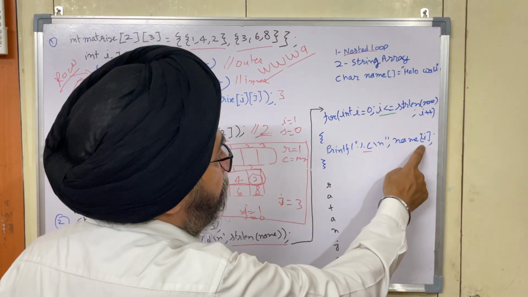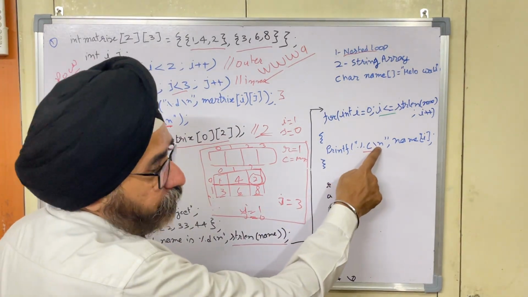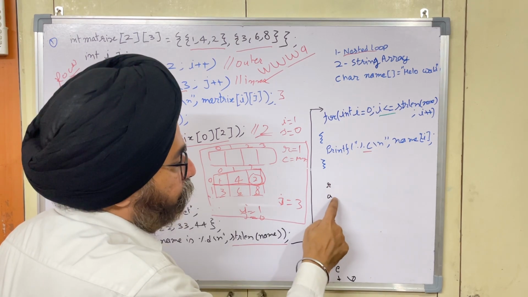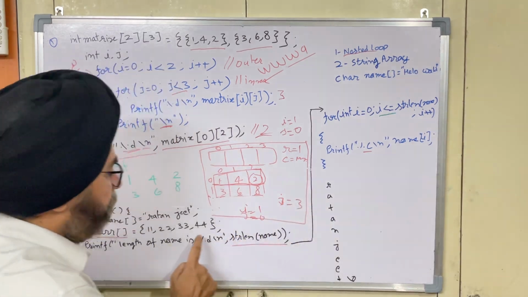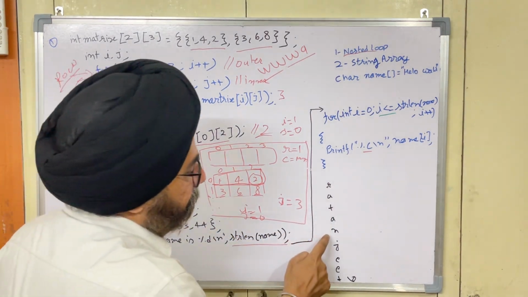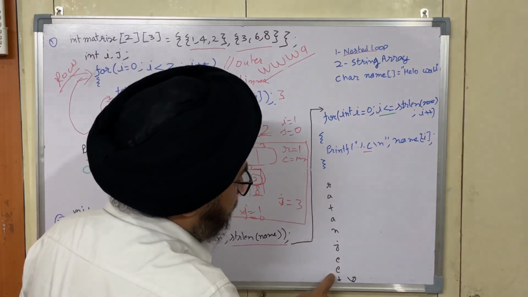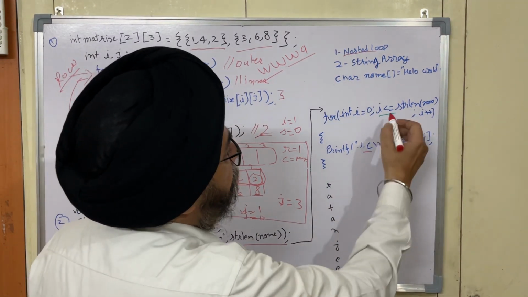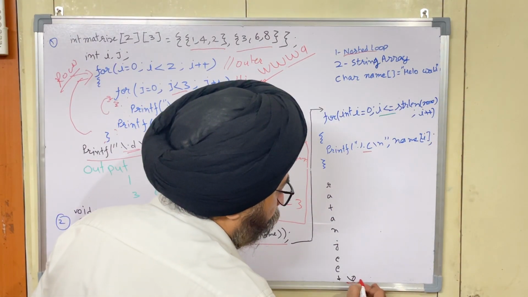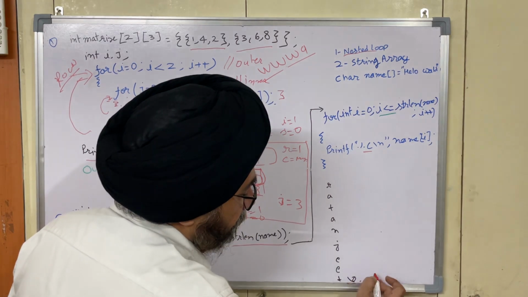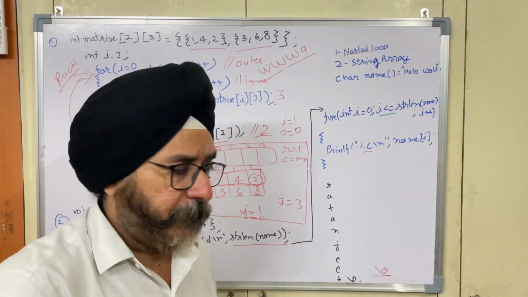Firstly, the index value name[i] goes for R, because it is a format specifier, it goes here, it displays A, T, A, N, and then if there is a space, it gives the space, and J, E, E, T. And the last statement, if we are using less than or equal to, also gives the space, or the blank null character. It actually gives the termination point for any string.